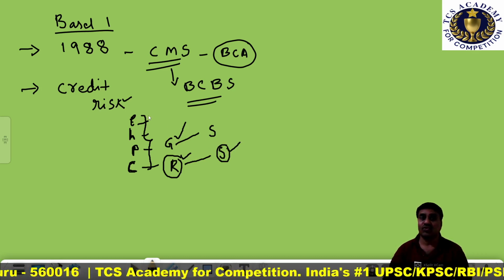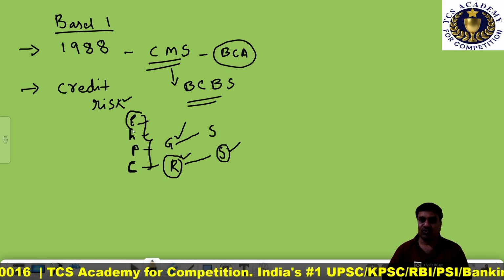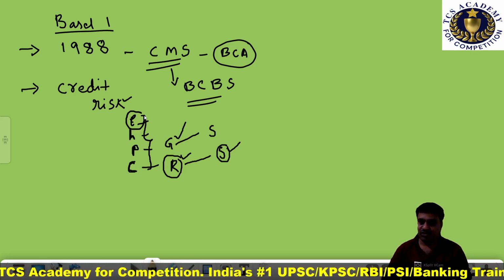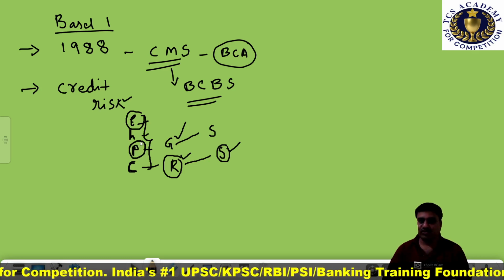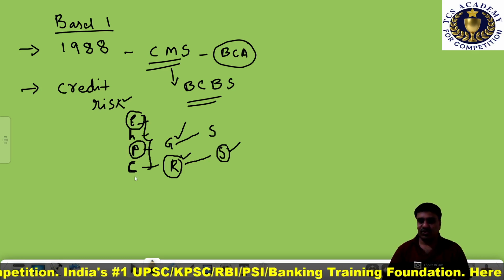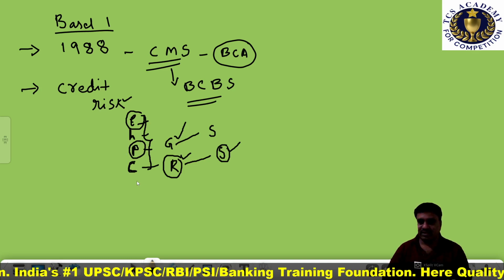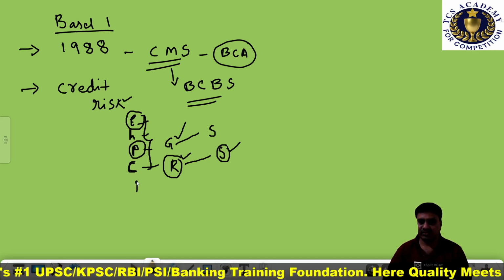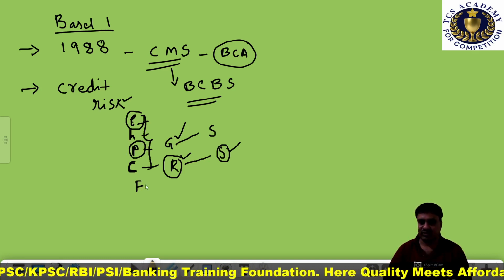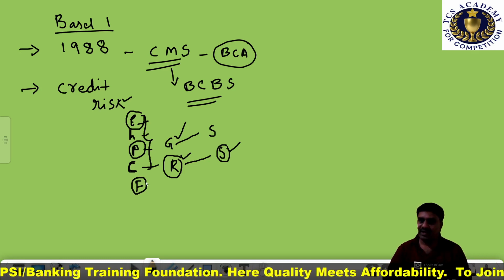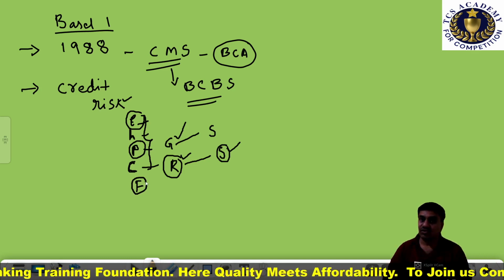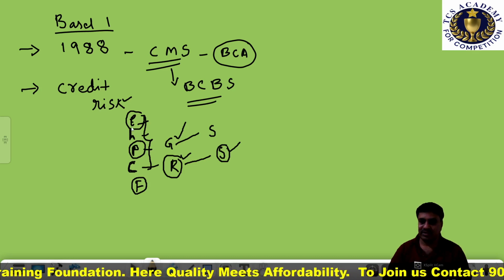Which are unsecured loans? Education loan is an unsecured loan. Personal loan is an unsecured loan. Loans given to farmers, crop loans, are unsecured loans.